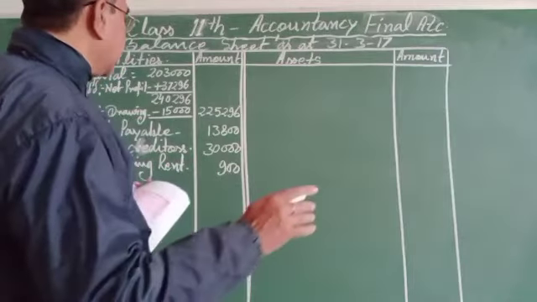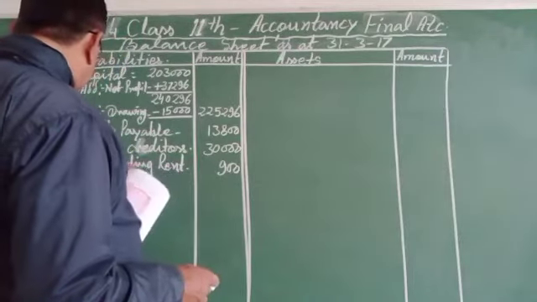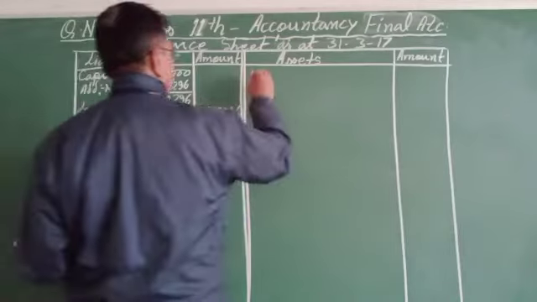So dear children, go through the asset column. Goodwill 30,000.